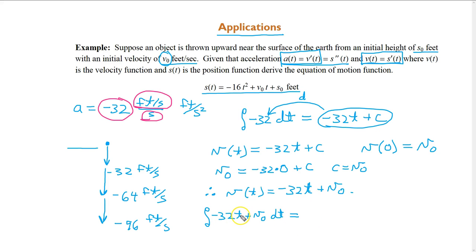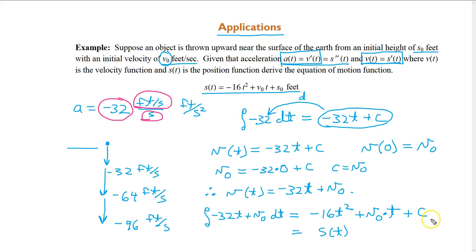The antiderivative of negative 32t is negative 16t squared. Notice if we differentiate this, we get negative 32t. Plus, the antiderivative of v0, which is just a number, is v0 times t. Notice the derivative of this is v0, and then we add on our arbitrary constant c. So this is our position function, equal to s of t.